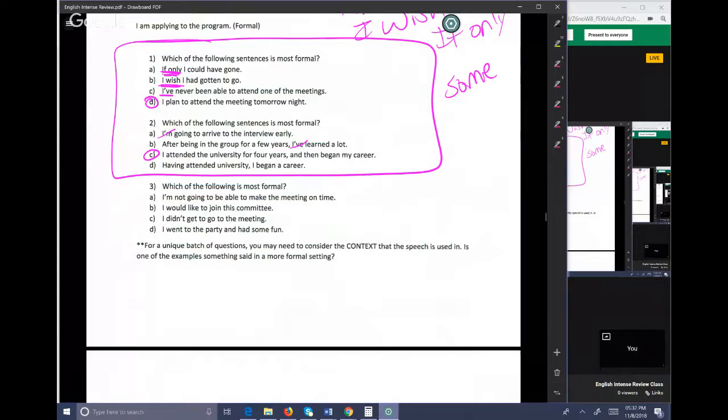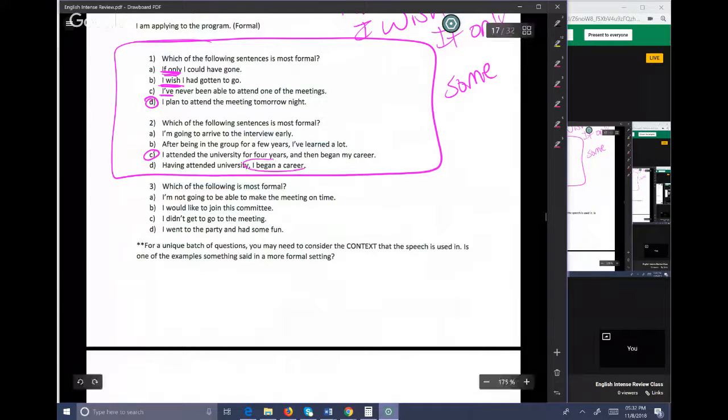The difference between C and D is how concise the language is. "I attended the university for 4 years and then began my career" is much more formal than "having attended university, I began a career."